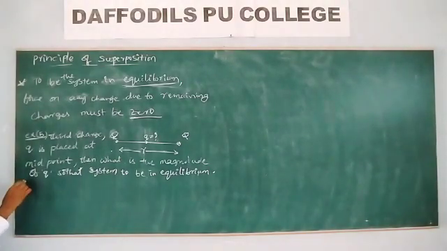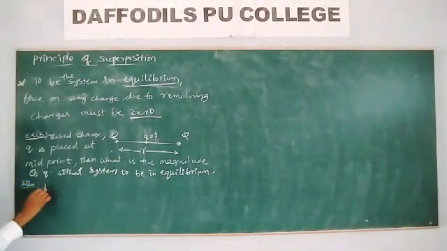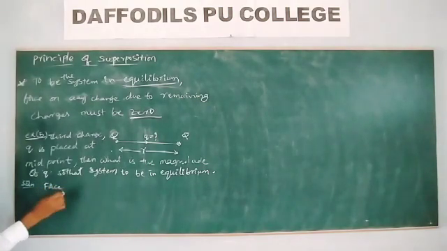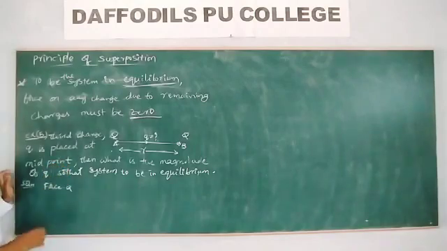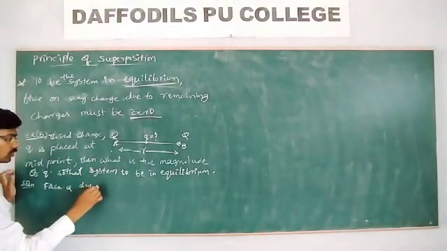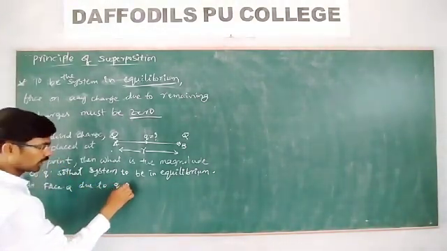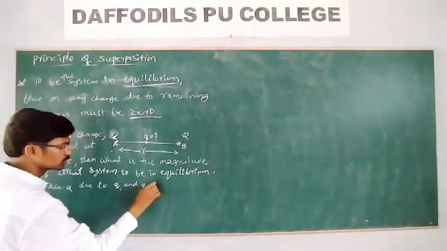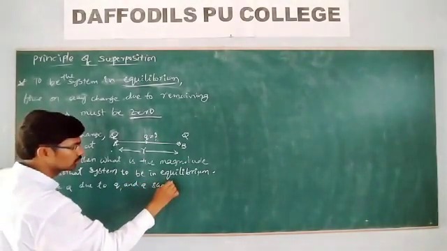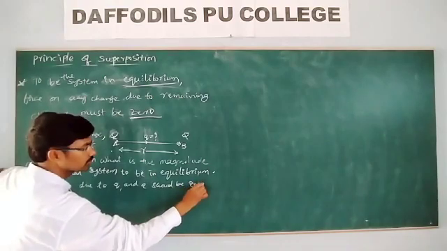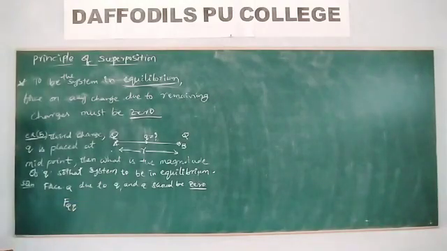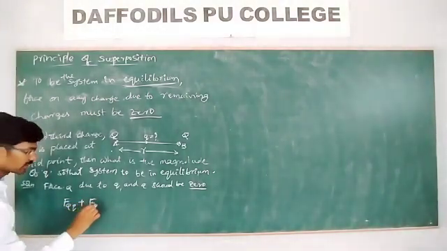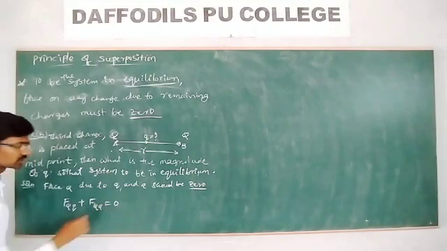So the force on Q due to Q and Q should be 0 to be in equilibrium. That means the force acting on charge Q due to Q plus the force acting on charge Q due to Q must be 0.